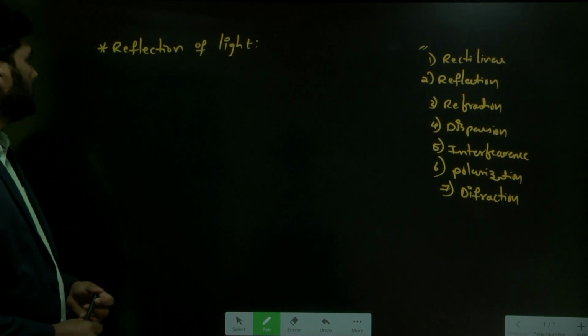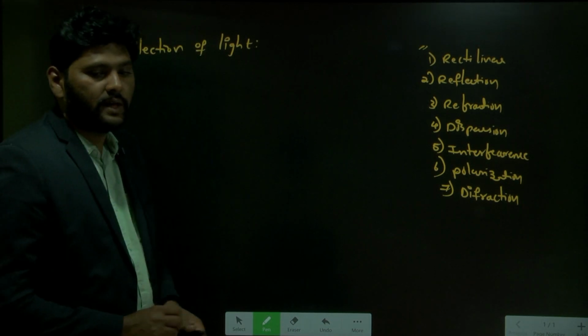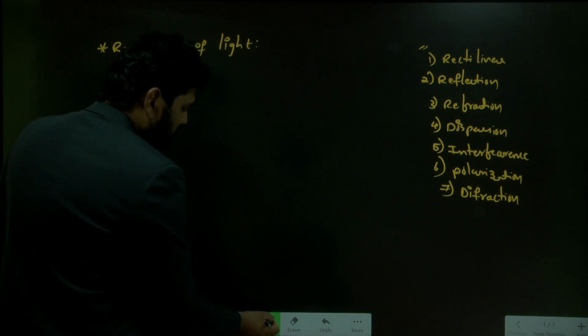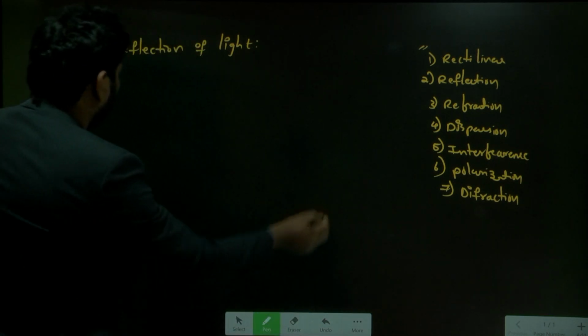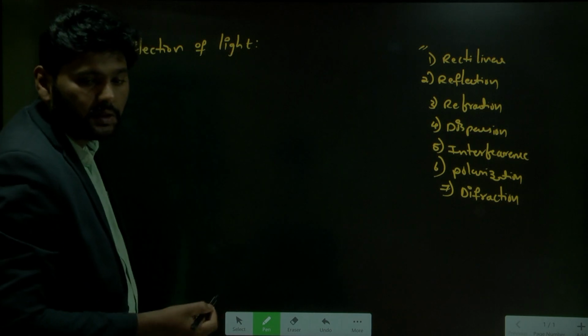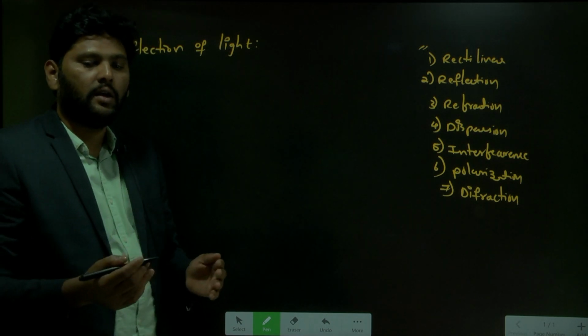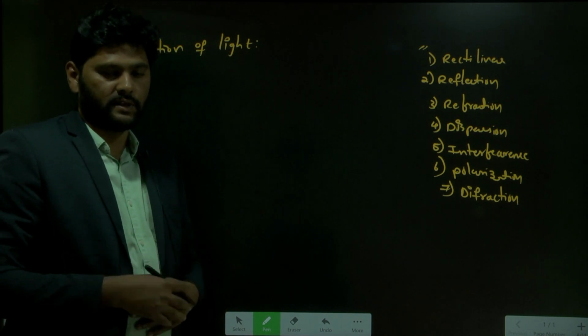First write down what is meant by the reflection of light. Reflection of light is nothing but the bouncing back of the light ray when it is incident on any surface.